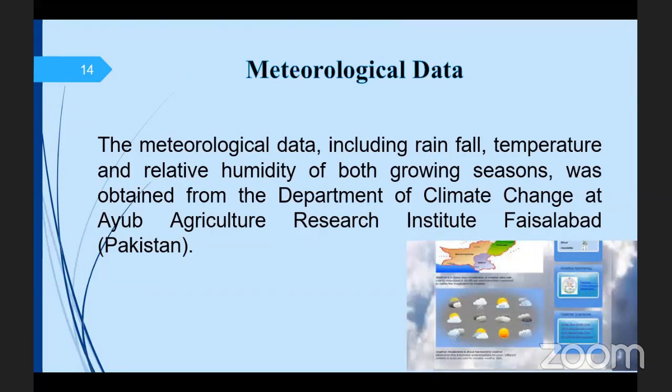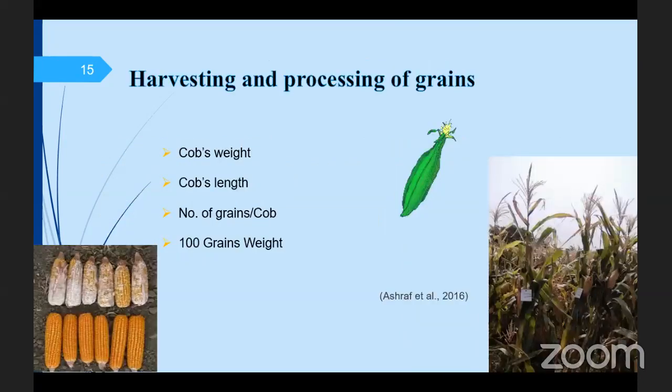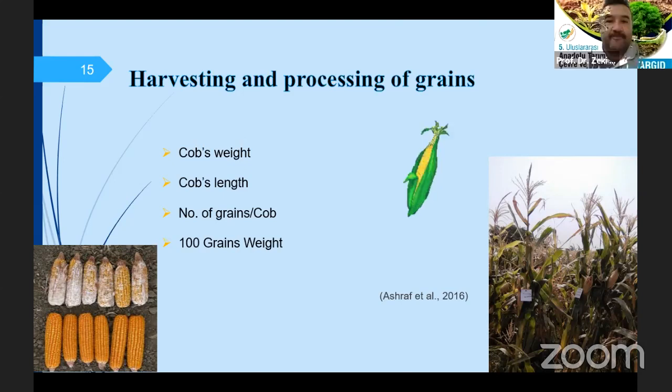We also took meteorological data, which is important because Aspergillus grows under optimum or favorable conditions, like high temperature and high humidity. After inoculation, the cobs were harvested from the maize plants, and cob weight, cob length, number of grains per cob, and 100-grain weight were measured.